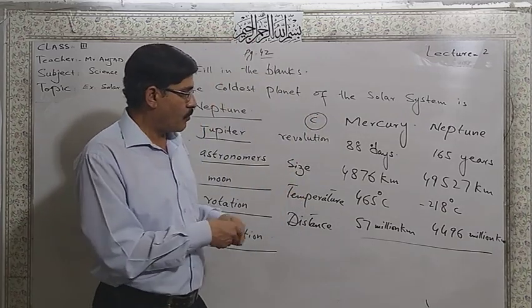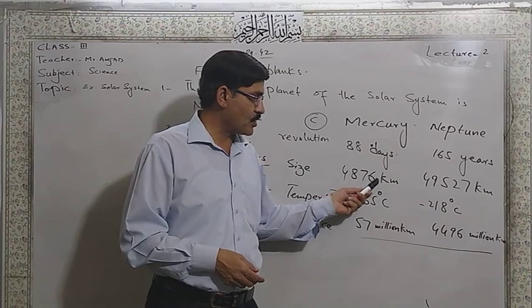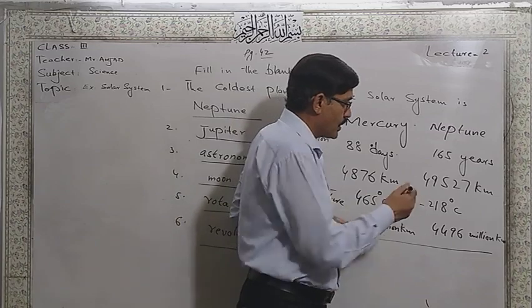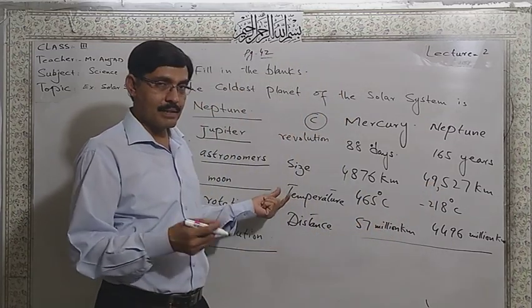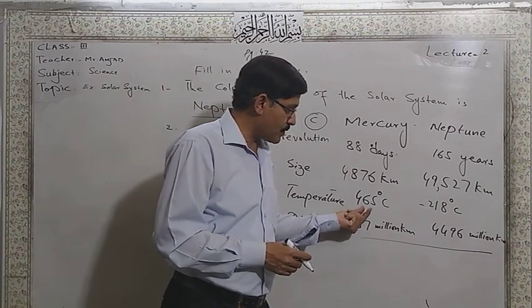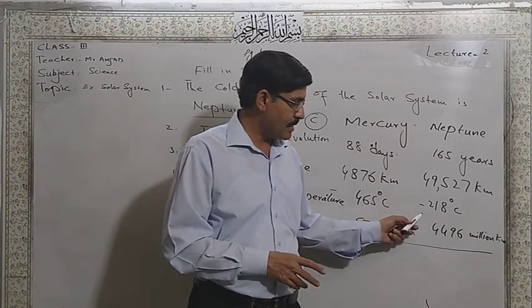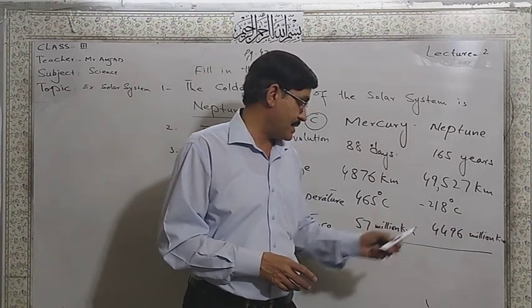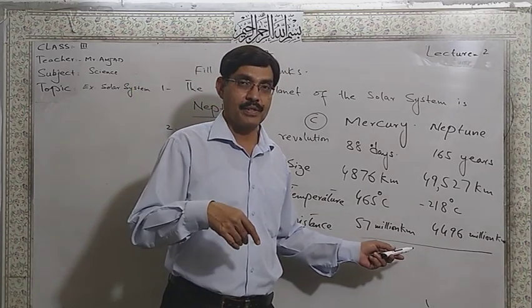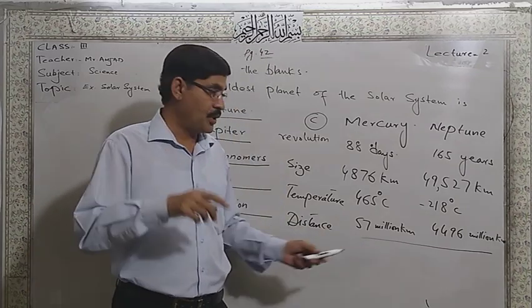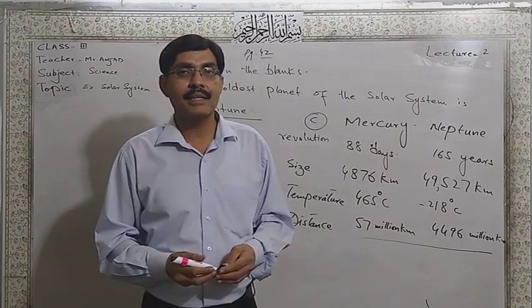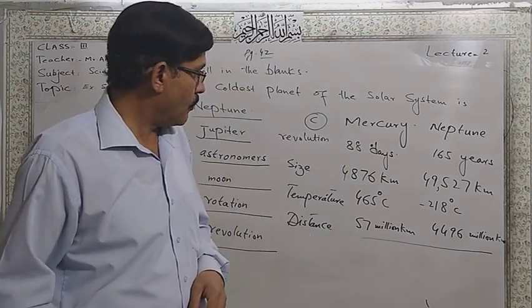Size: 4,876 kilometers, and Neptune's size 49,527 kilometers. Comparison between the temperature: 465 degrees Celsius and minus 218 degrees Celsius. Distance from the sun: 57 million kilometers and 4,496 million kilometers. This is all for today.